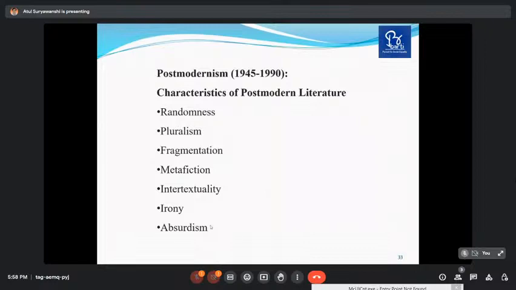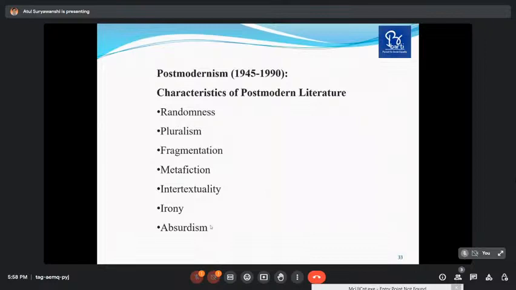There is ambiguity. The next is fragmentation. There is no unity. Fragmentation on the basis of caste, creed, color, religion, language. So in each and every sense, fragmentation is there. The next is metafiction. Metafiction means the involvement of the writer himself in the writing. The next is intertextuality, meaning dependence of one text on another.